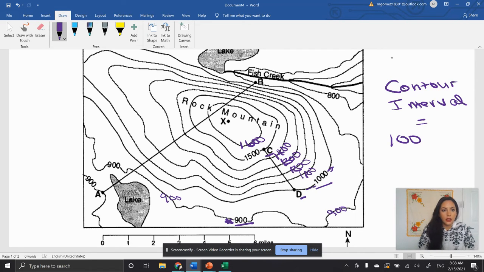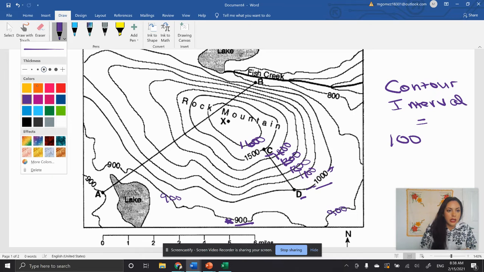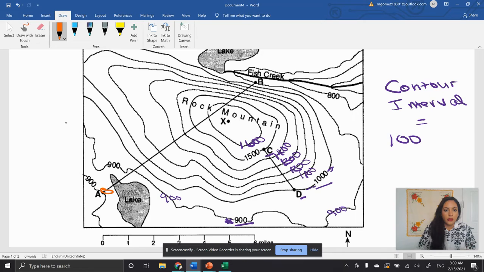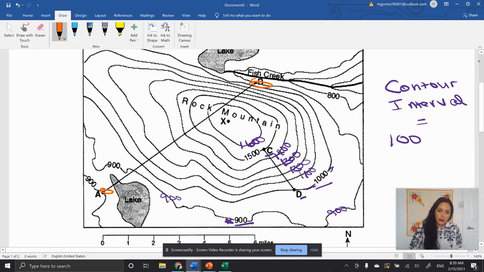Now one of the questions is to draw a profile picture of how the mountain would look from point A to point B. Imagine you are standing in front of this mountain, and you can see the mountain from point A to point B. How would it look?